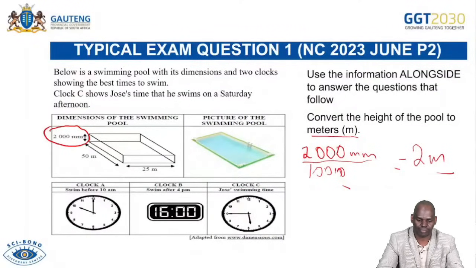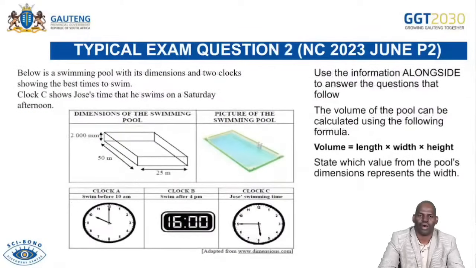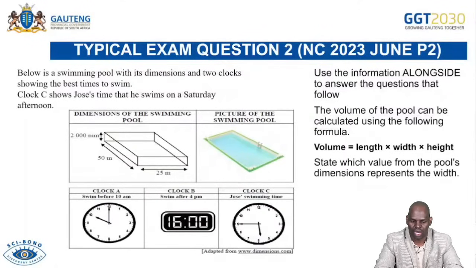Very, very easy. Looking at the question taken from the very same information, it says the volume of the pool can be calculated using the following formula. We know that the formula for calculating the volume of a rectangular prism is length times width times height. State which value from the pool's dimensions represents the width.